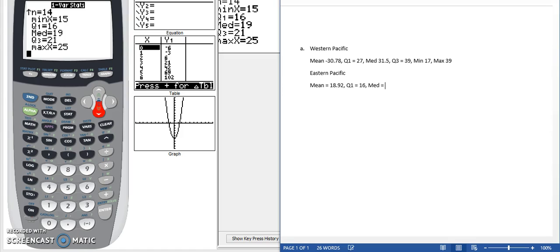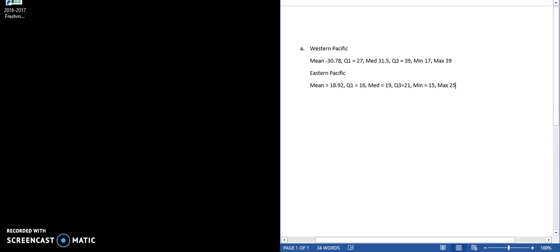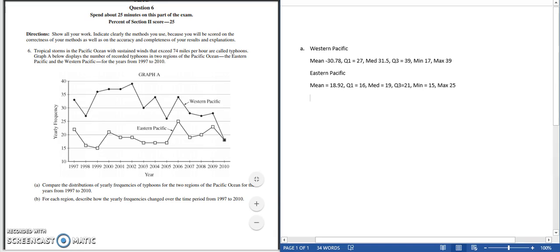Median is equal to 19. Quartile 3 is equal to 21. Min is equal to 15. And max is equal to 25. Save. So we got that done.